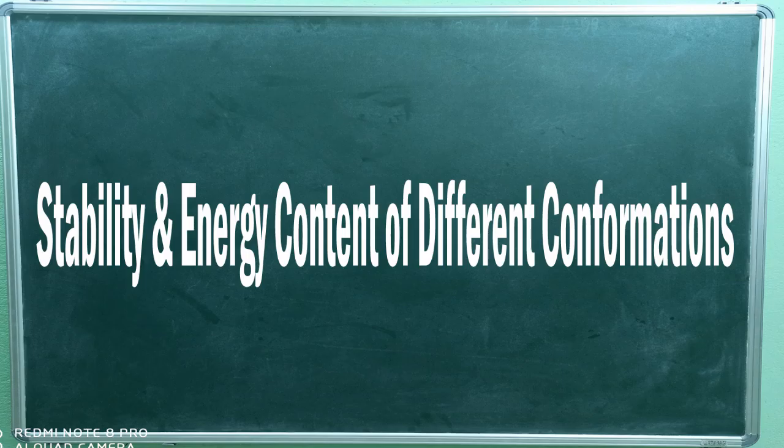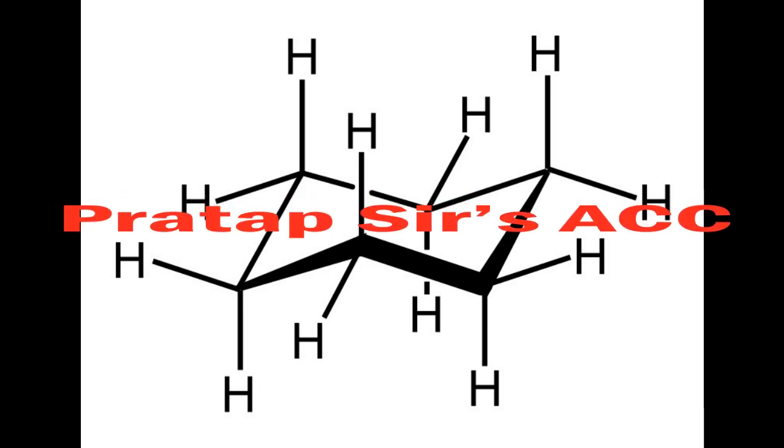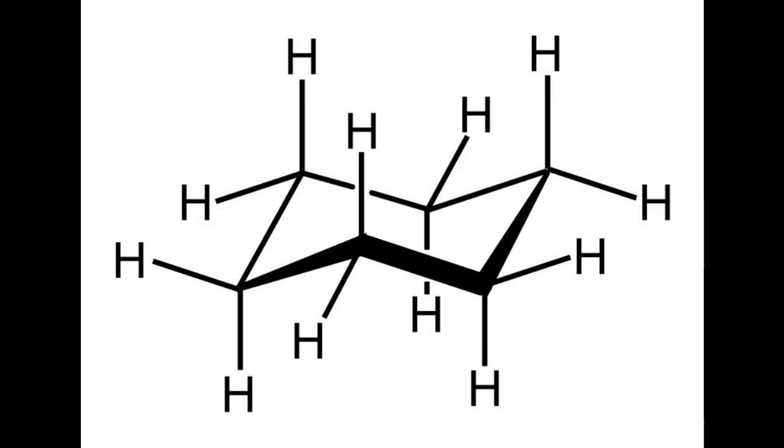Okay? Now let us discuss the stability and energy content of different conformers of cyclohexane. Chair conformation is the most stable form because all the carbon atoms are staggered to each other. This can be shown from the model.